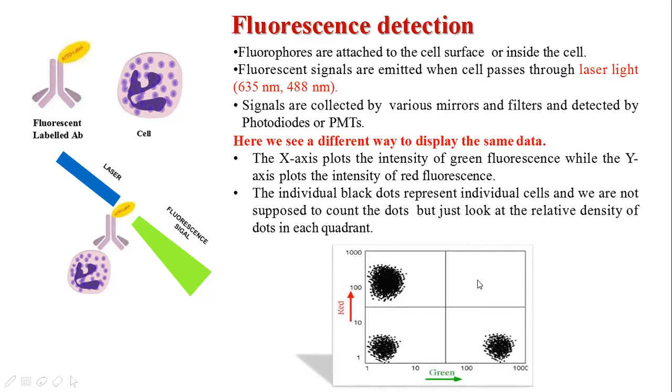So here the cells are going to die. Both the red and the green, both types of antibody will bind with the cells, and we can get the cell population here in this third compartment. And the fourth compartment, if we get a large number of cells, then this is for side scattering, red, that is bound with red, meaning the cells are already dead.